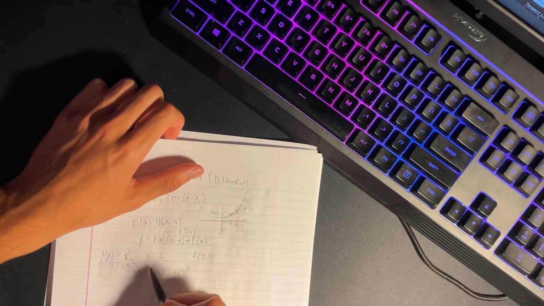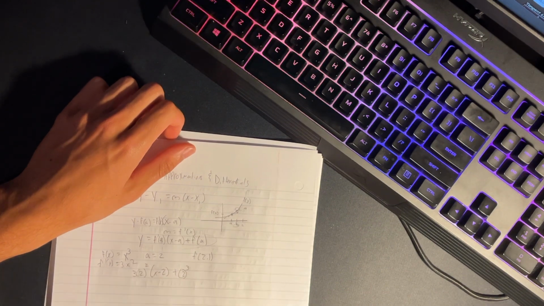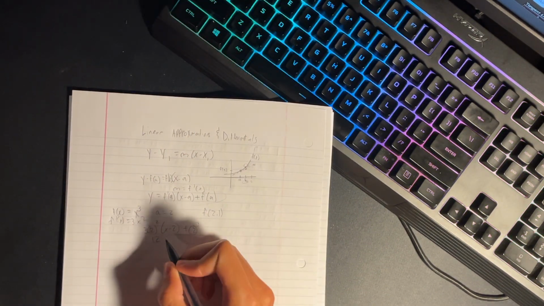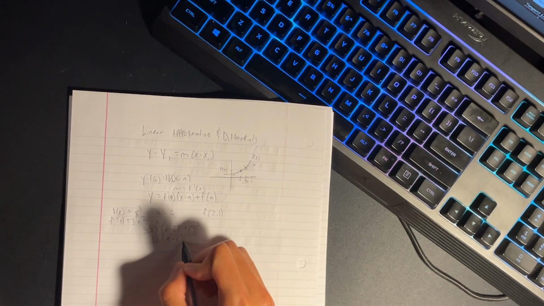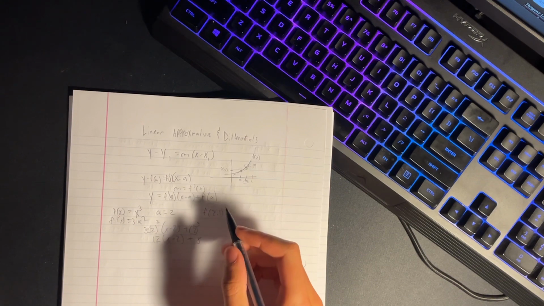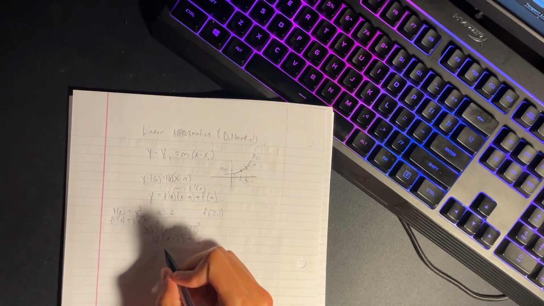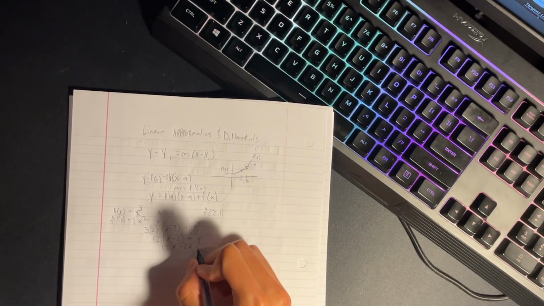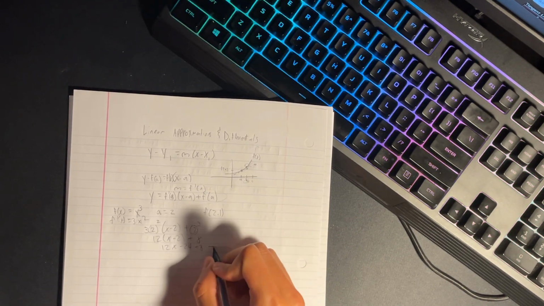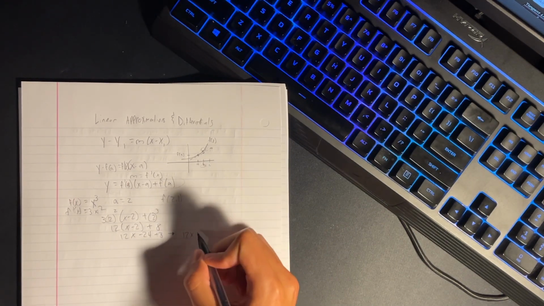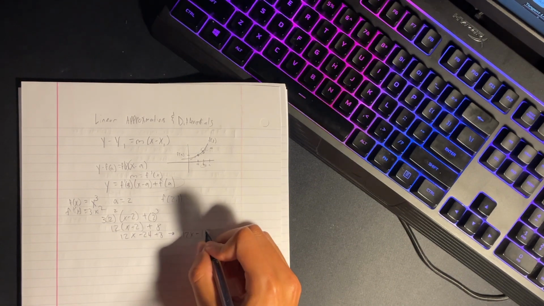So here, 2 squared is 4 times 3, which is 12, times x minus 2, plus 2 cubed, which is going to be 8. Now we can distribute this 12. It's going to be 12x minus 24 plus 8. Now we can combine like terms: 12x minus 16.